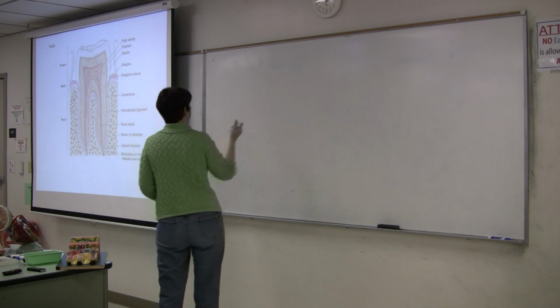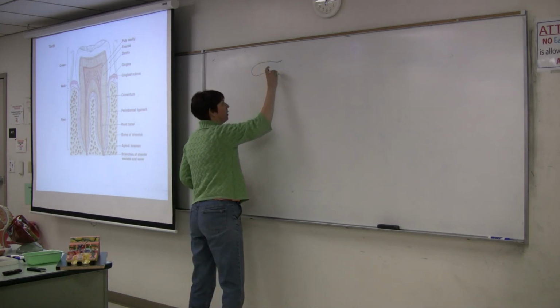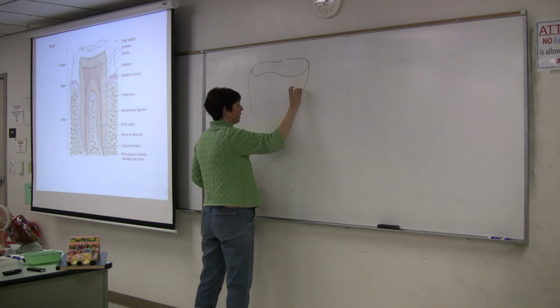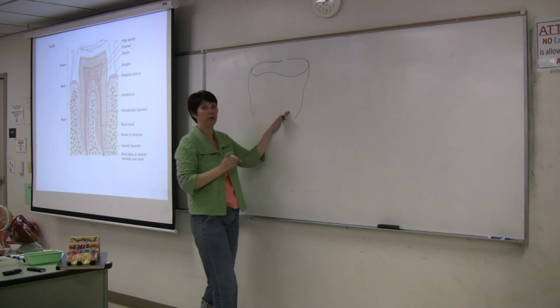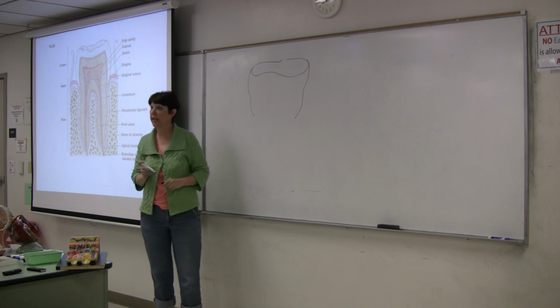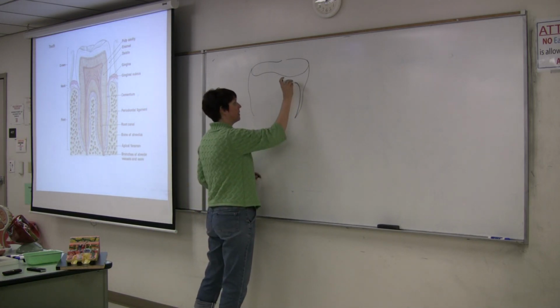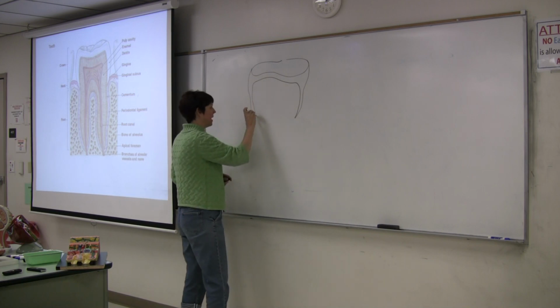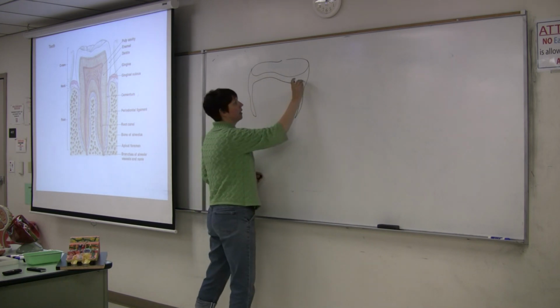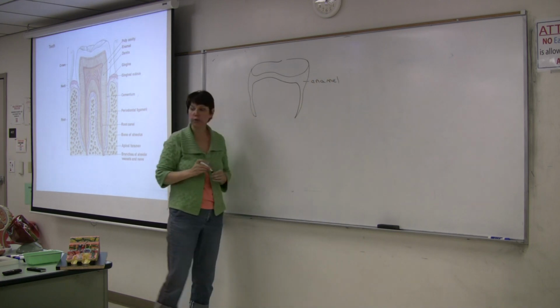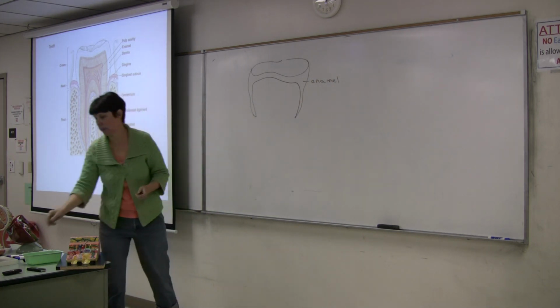All right, so this portion of the tooth is covered with enamel. It's one of the hardest substances, if not the hardest substance in the body. But it covers two regions of the tooth.